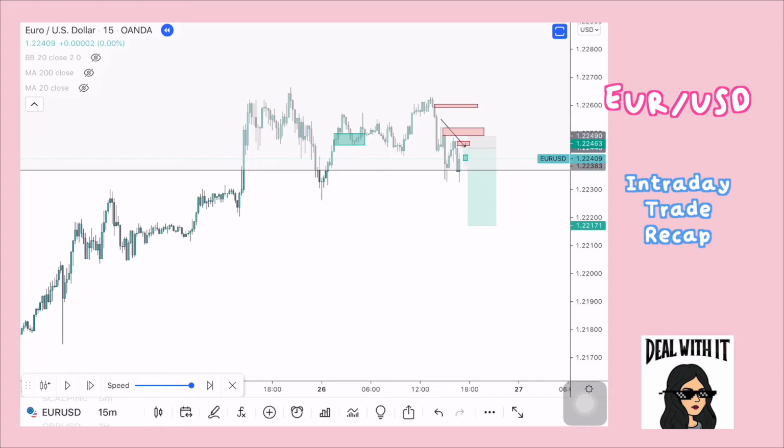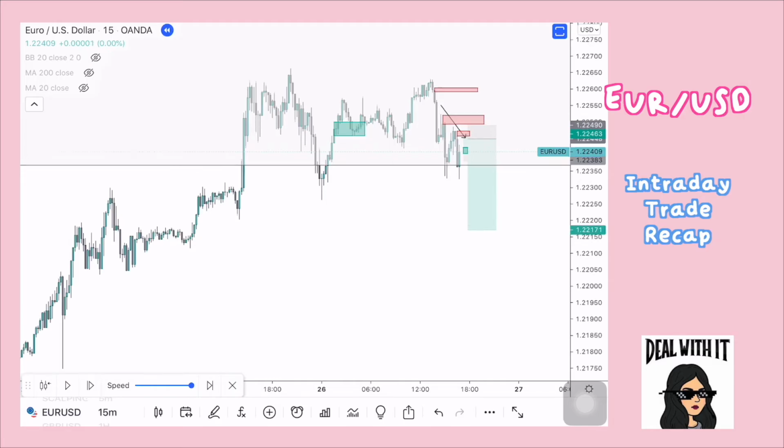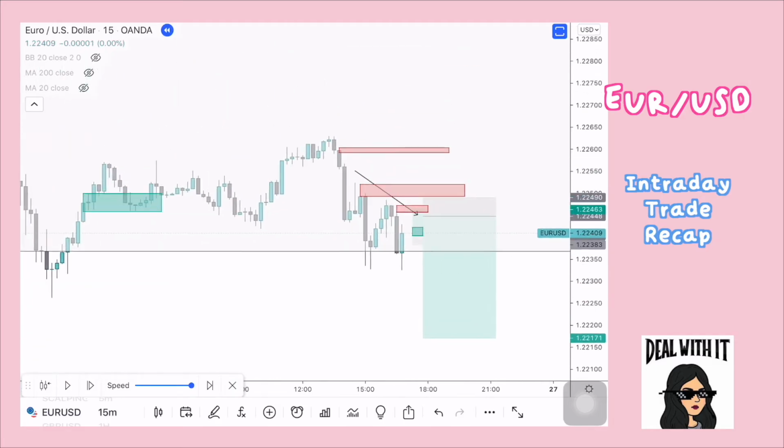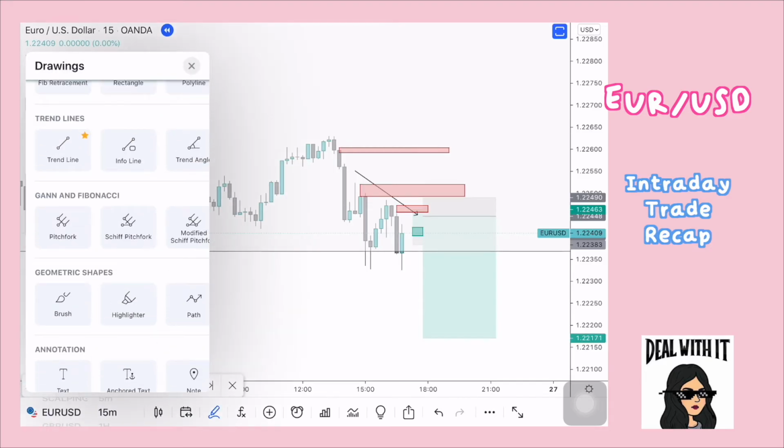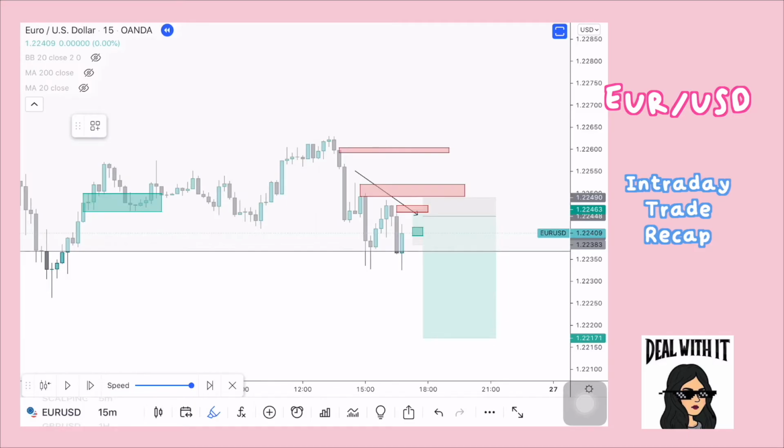Okay, so we are now on the 15-minute time frame, and as you can see, I drew a lot of even lower time frame order blocks over here, basically the wicks that caused the break of structure to the downside. Let me highlight it a bit more clearly using the highlighting tool, which I think is quite new.